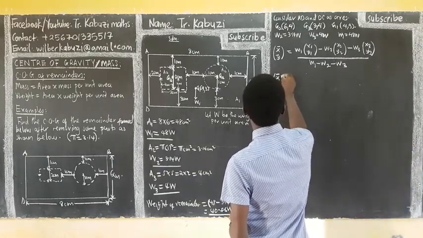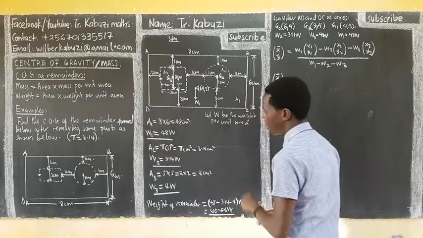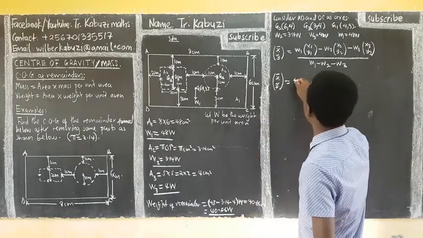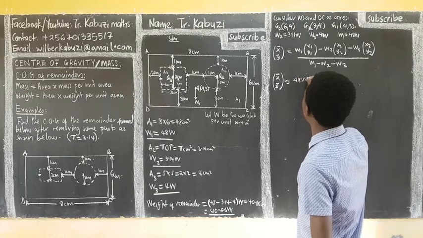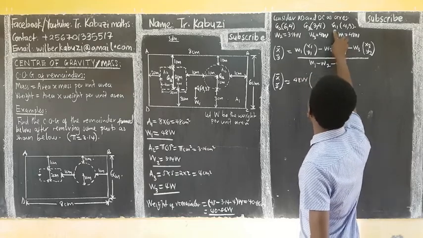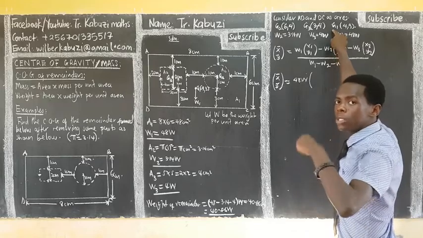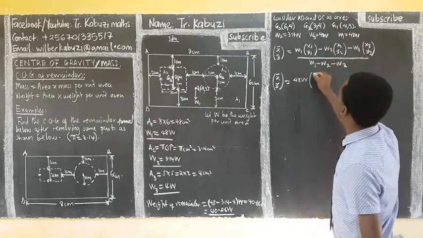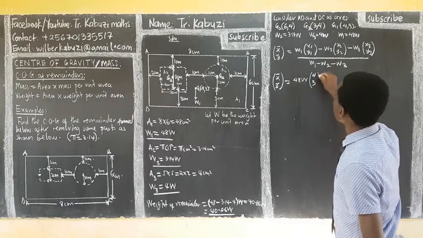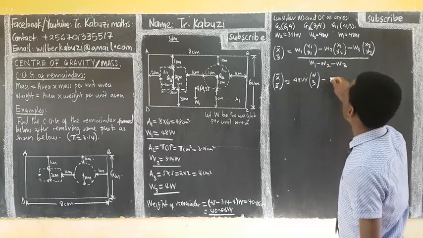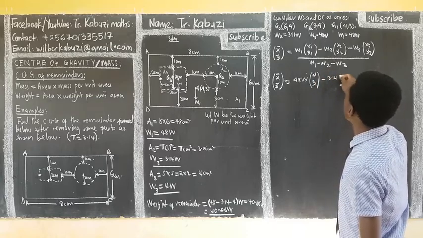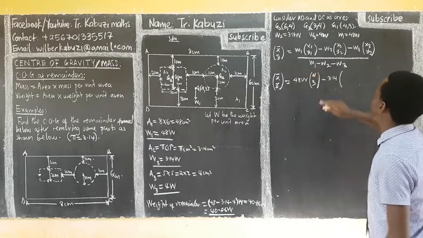X bar, Y bar is going to be W1, weight 1 is 48 W. Where is it acting? The weight is acting at the center of gravity of that particular thing, which is 4, 3. Then minus weight 2, 3.14 W into, where is it acting?